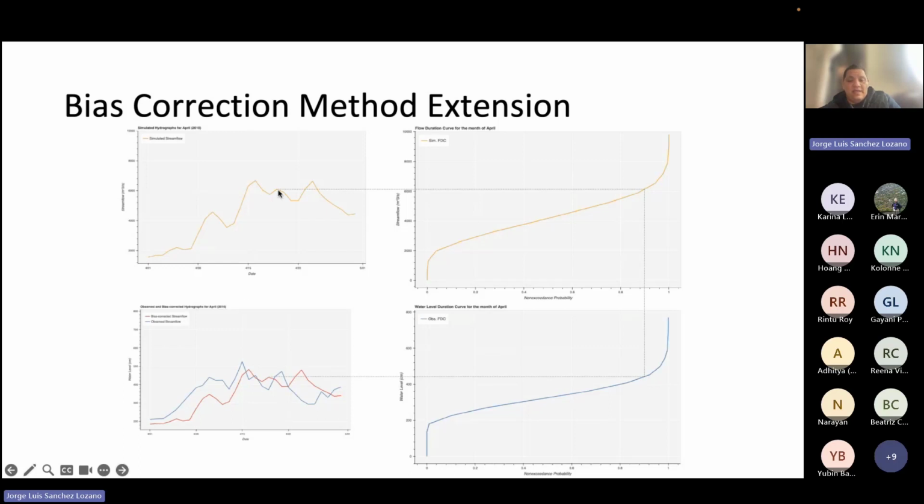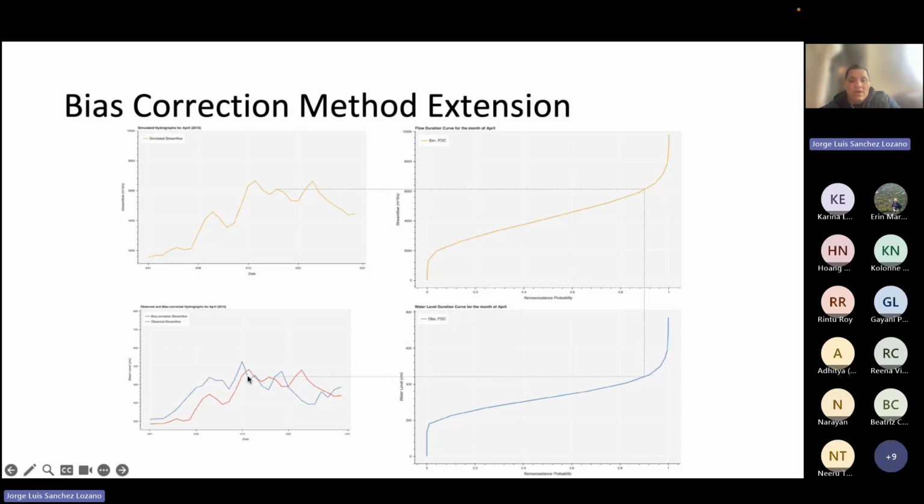So we can extend the method: for every single simulated value, enter into the simulated flow duration curve, calculating the non-exceedance probability. With that non-exceedance probability, enter the water level duration curve and estimate the water level value that has the same non-exceedance probability, and replace the original simulated value by the water level value that has the same non-exceedance probability.